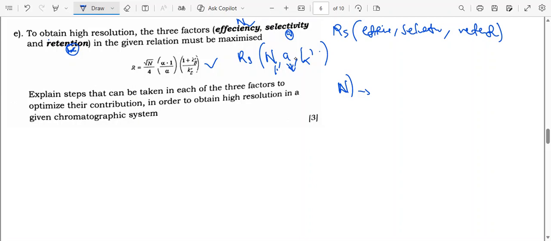Then the retention factor K is about analyte interaction, how much the analytes are interacting.